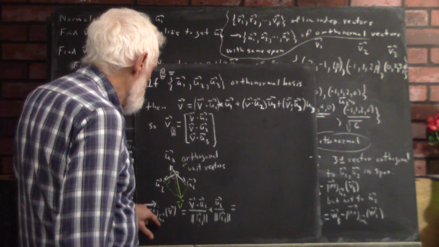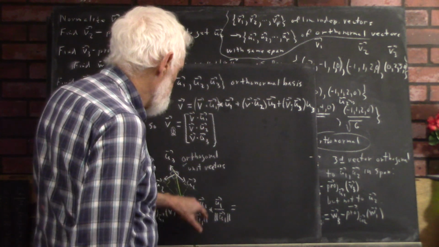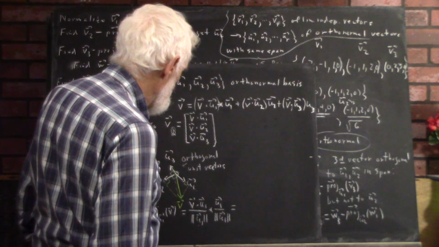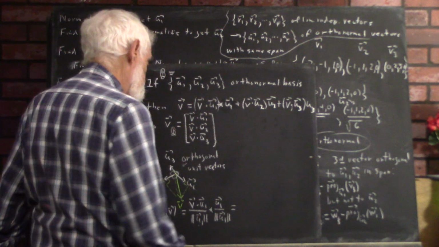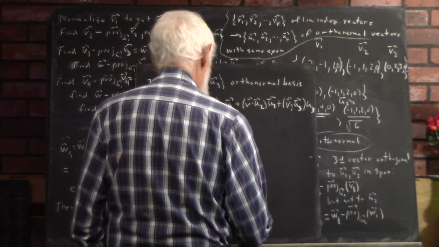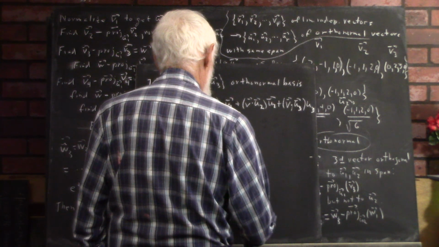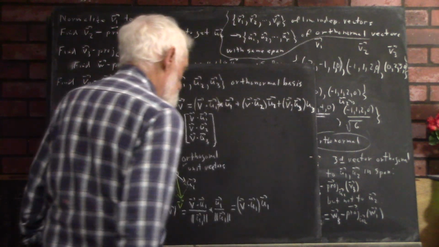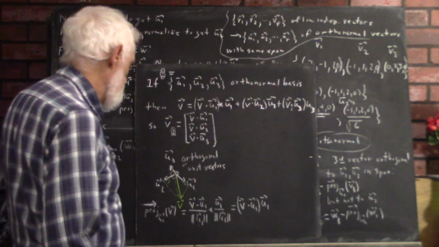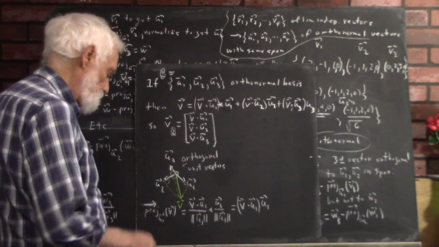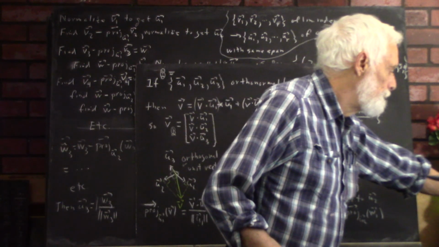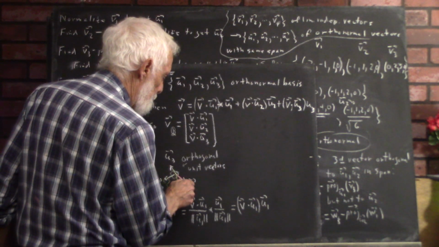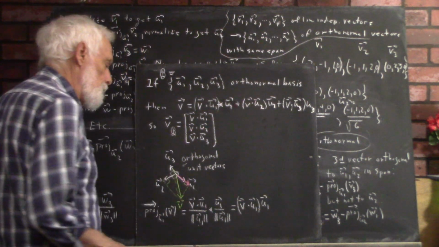Okay, vector projection of v onto u1 is the scalar projection multiplied by the unit vector in the direction of u1. But the magnitude of u1 is 1, so this is just v dot u1 multiplied by u1. Now that gives you the projection down here of v onto the vector u1.